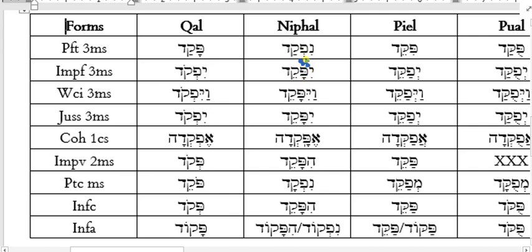All right? So that's a silent shewa there. Nif. And then under root 2, what I call the theme vowel is an A-class vowel, the patach. Niphkad. Okay? Now, let's take this, and I'm going to transfer this basic form over to my practice sheet.